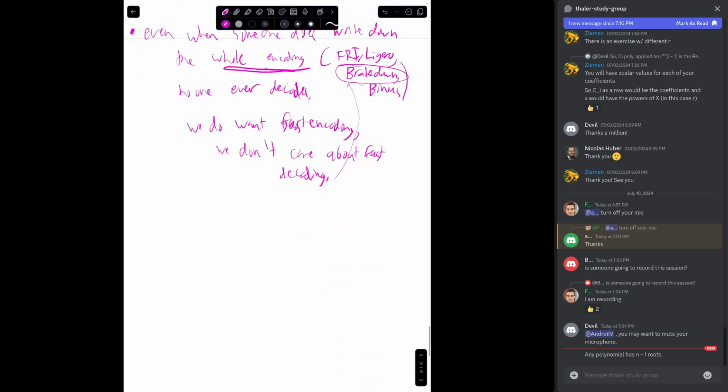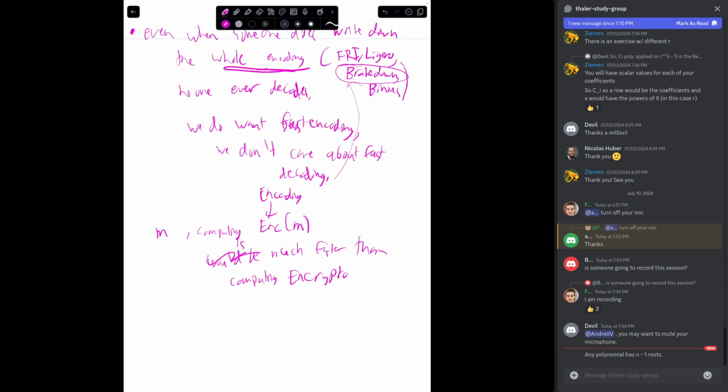So typically, taking a message M and computing the encoding under your favorite error correcting code would be much faster than computing the encryption. And it's too bad they both start with "enc": encoding, encryption. For typical crypto systems.